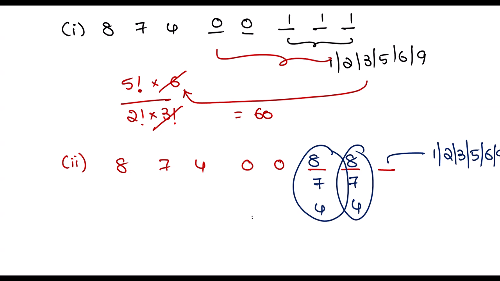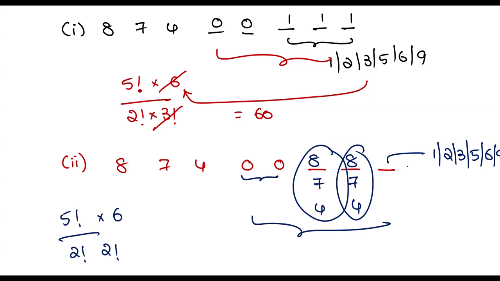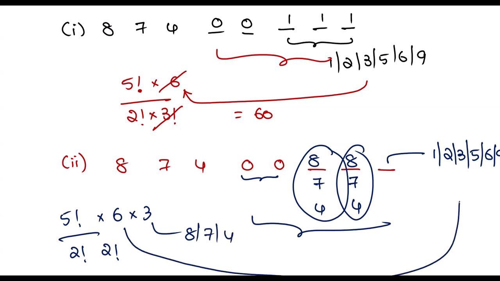Now 874 is fixed, and only 5 slots: 5 factorial, divide by 2 factorial because of the zeros. Now one more 2 factorial because it can be 28 or 27 or 24. So what is this second 2 factorial? Because with 2 eights here it would be 3 factorial, but here only 2 factorial. Into 6 for 1, 2, 3, 5, 6, 9. Into 3 because it can be 8 or 7 or 4. Doing this, it will give 540.